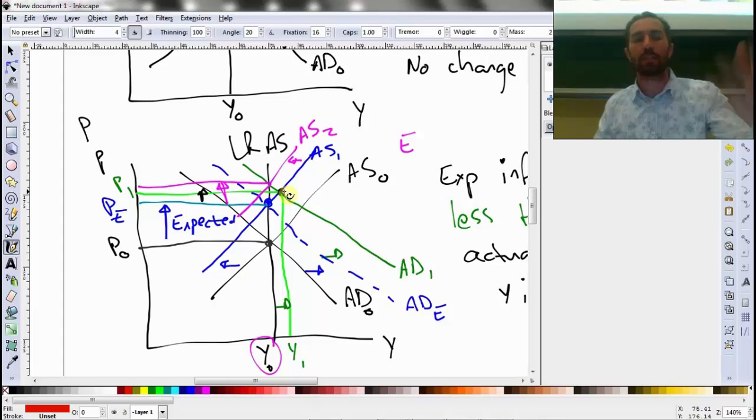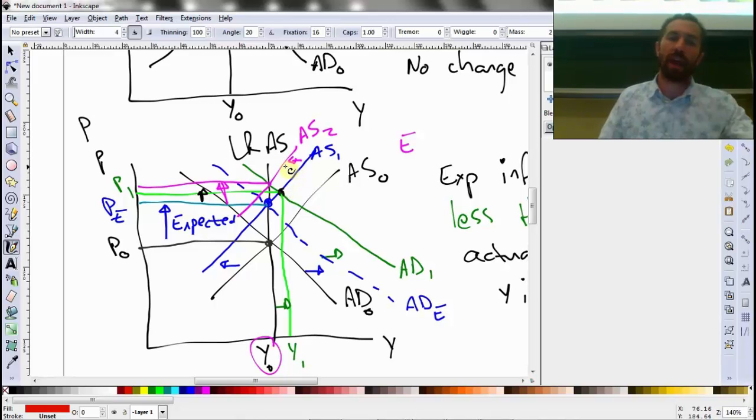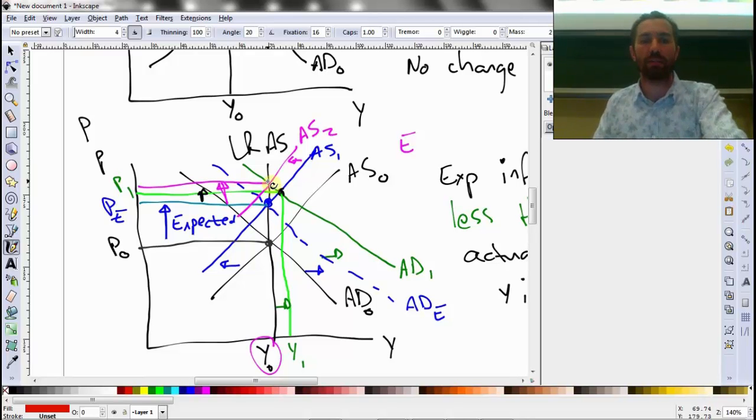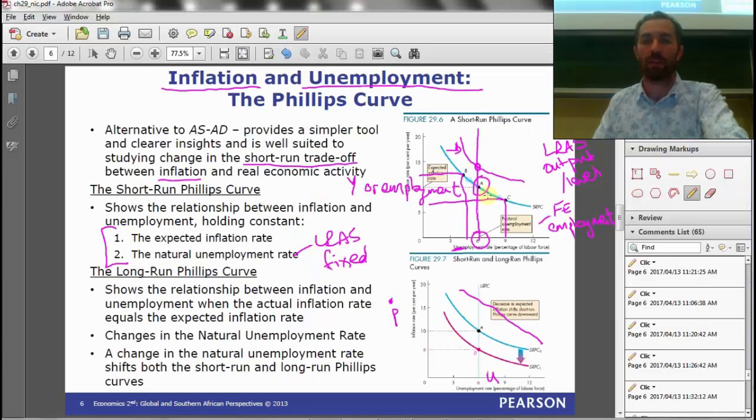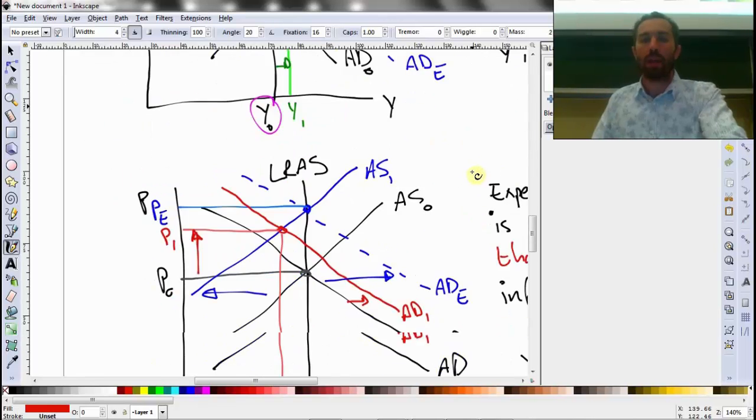And that increase in expected inflation leads to an increase in nominal wage demands, which shifts the aggregate supply curve to the left, and I end up back at my initial level of output, but with higher levels of prices, and with higher, therefore, expected price levels. So higher levels of inflation. So now I'm back at my equilibrium, but with a higher expected inflation rate.